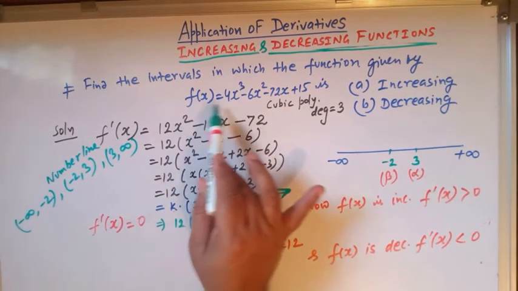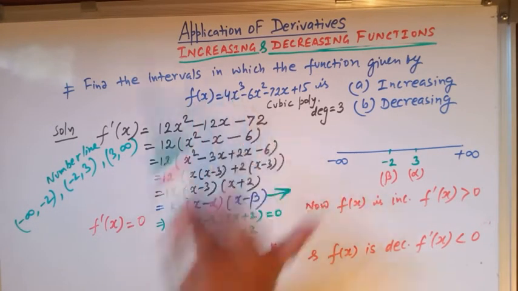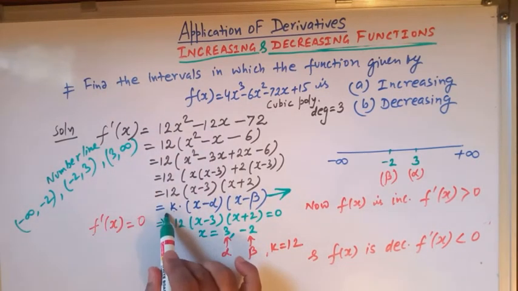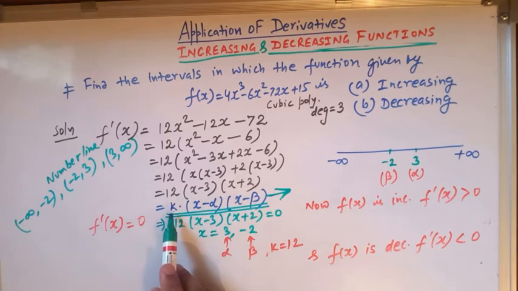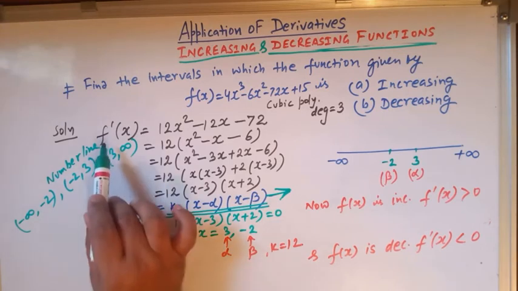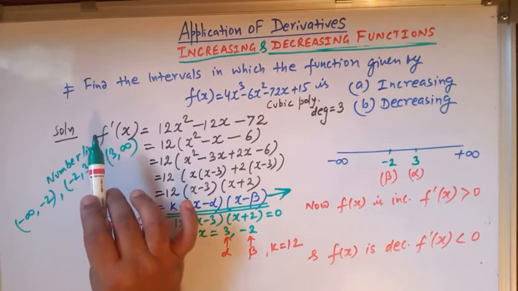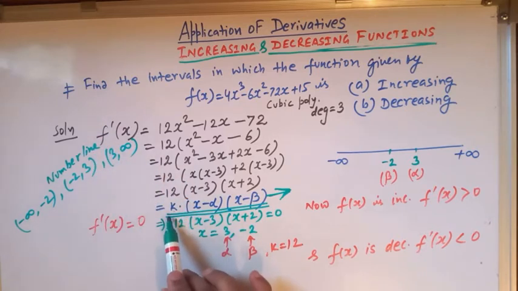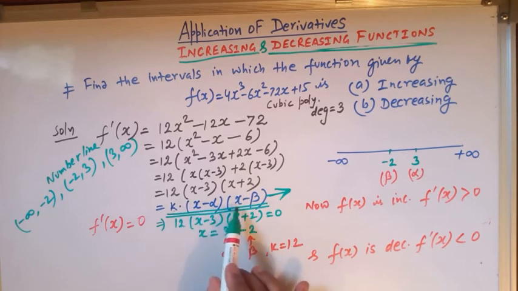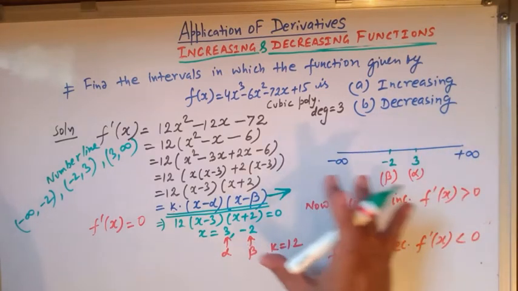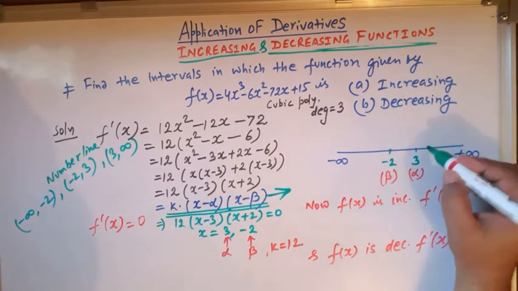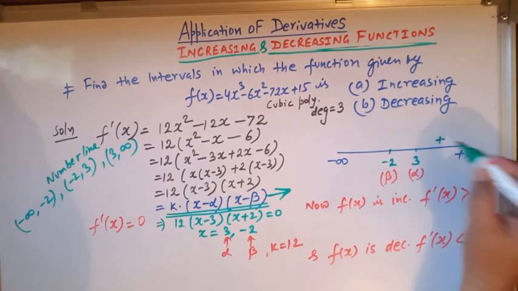If we have a polynomial f(x), then we differentiate it, and if we are able to express the derivative in this form, k times (x minus alpha)(x minus beta), then we write from the right side, and this interval is positive.